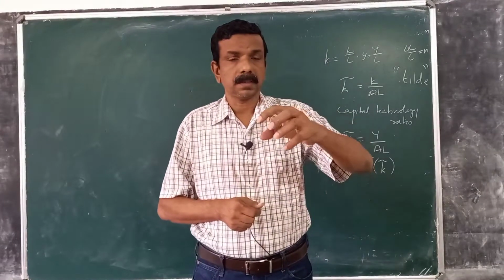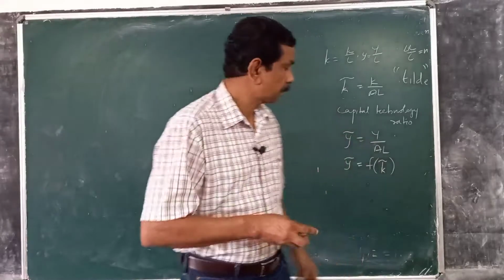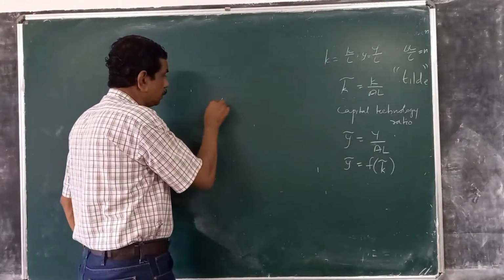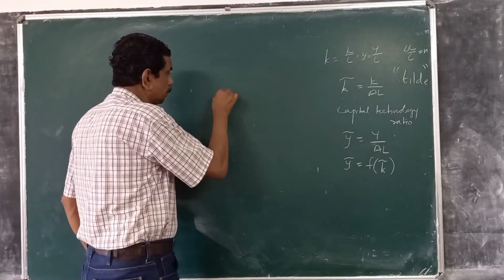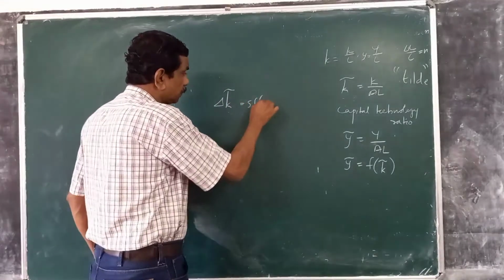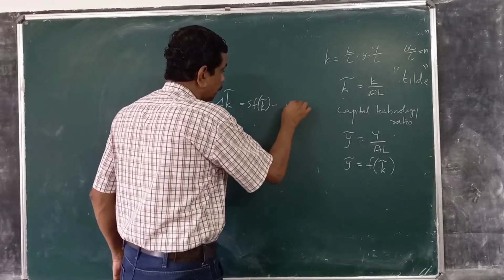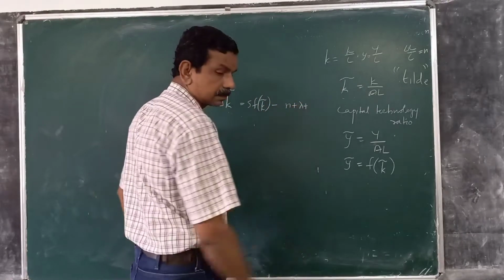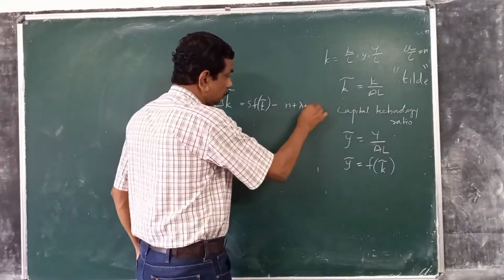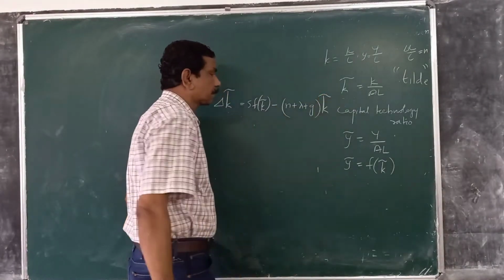Now, the steady state is written as delta K tilde is equal to s f of K tilde minus (n plus lambda plus g) K tilde.